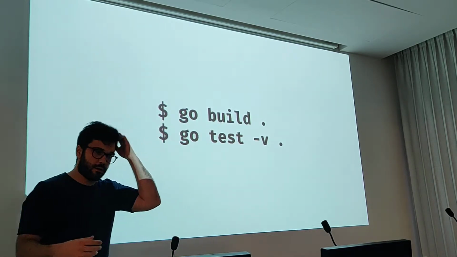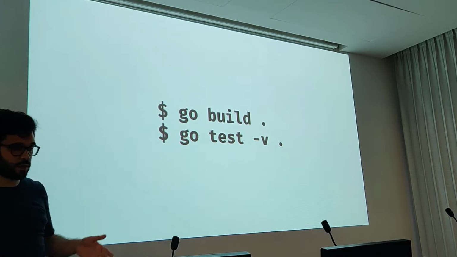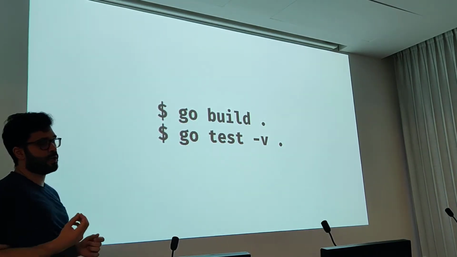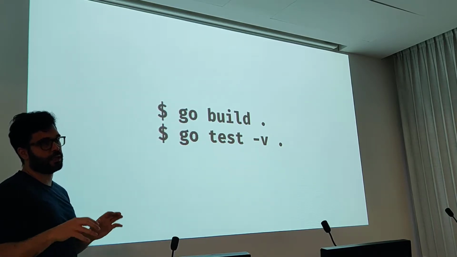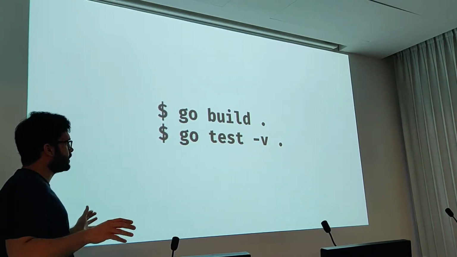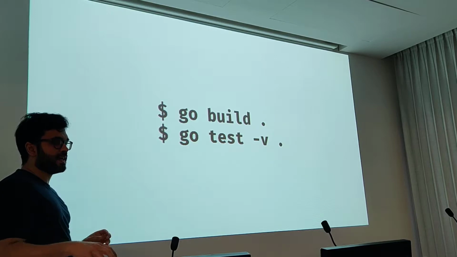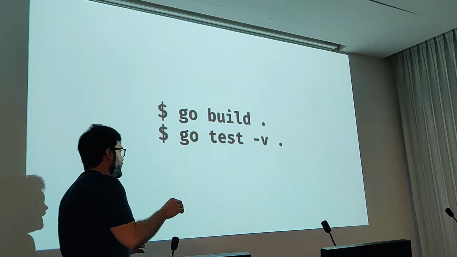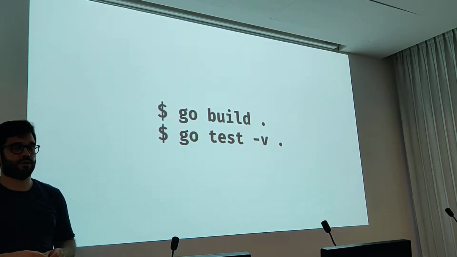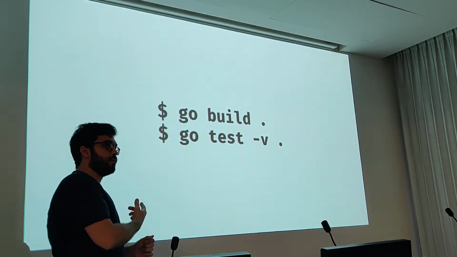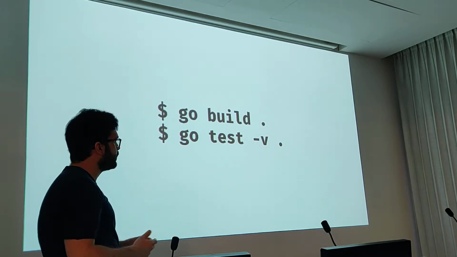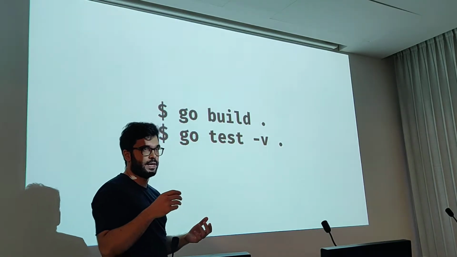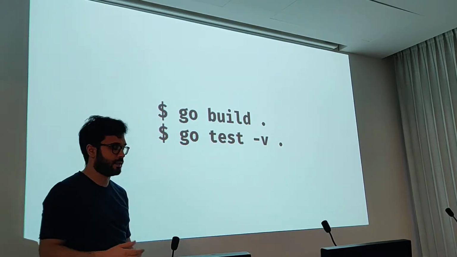So if we are in our machine and we want to make this work, we run go build, which is going to create a binary, and remember we are in the context of our machine, this binary is going to be in your machine, okay? If you run go test, you are going to be running the tests. Later on I will show you the test that I have for this. It's pretty simple, but it tests something, so we can get our build in red state, so it's not going to deploy anything.